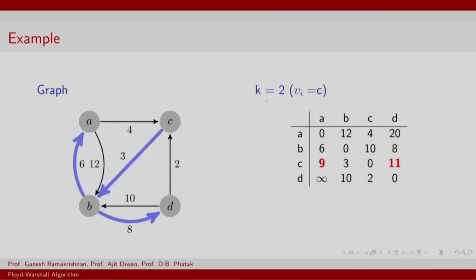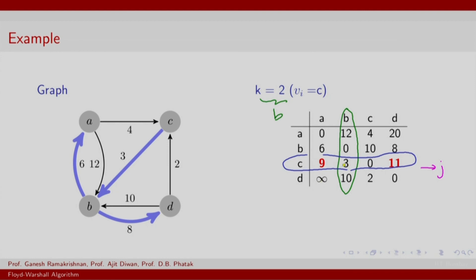We continue with K equals 2, which corresponds to B, and we will change our choice of I to the third row. This will correspond to Vi equals C, and as before we are going to scan this from left to right for different values of J. Our comparisons again reveal the following. We look at CB plus BA.